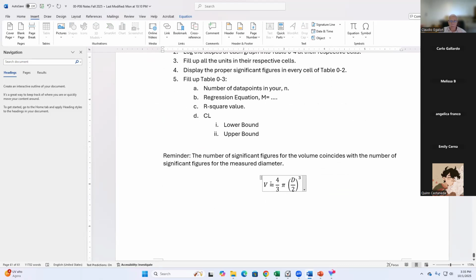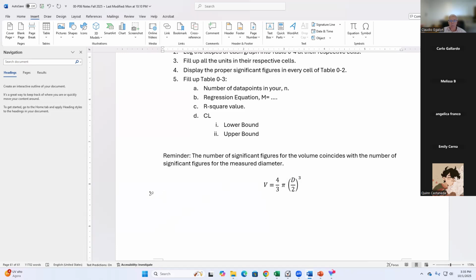Now you do dimensional analysis of this equation. If the diameter is in meter and the meter is raised to the 3rd power, the unit of the volume is going to be what? Okay, I'll leave it like that. Think about that.